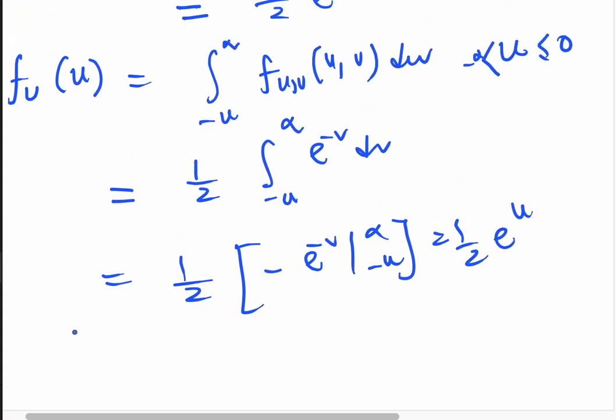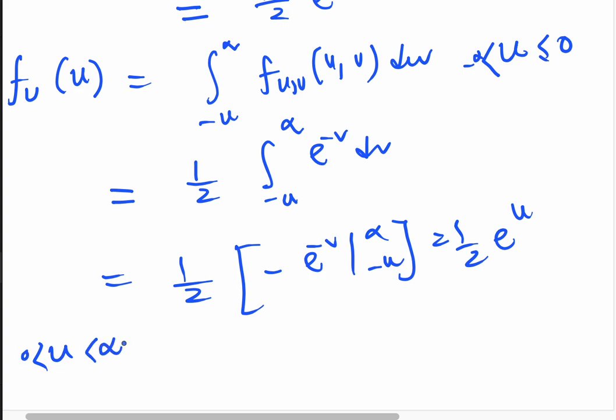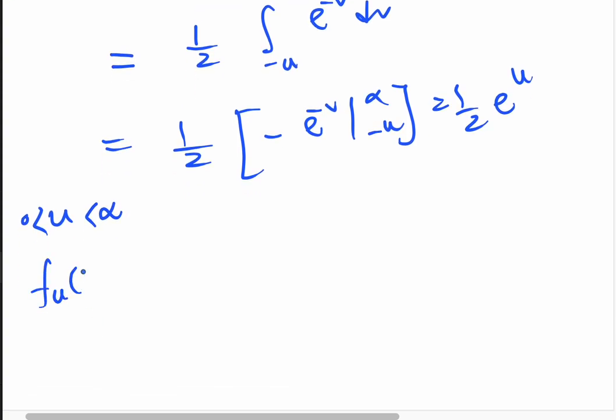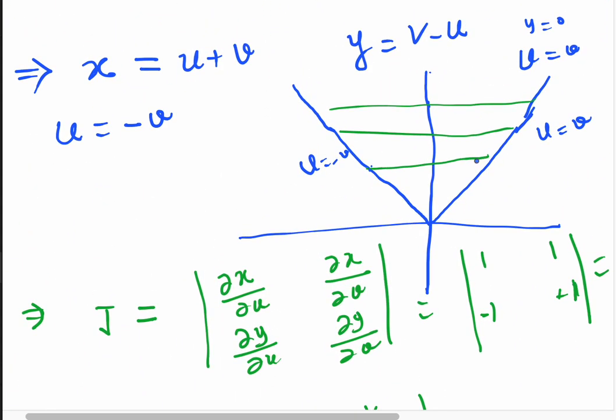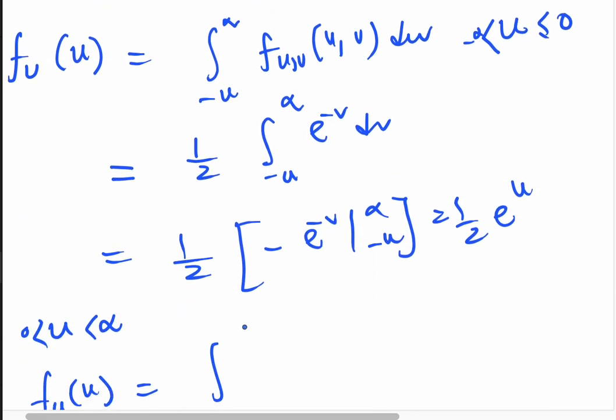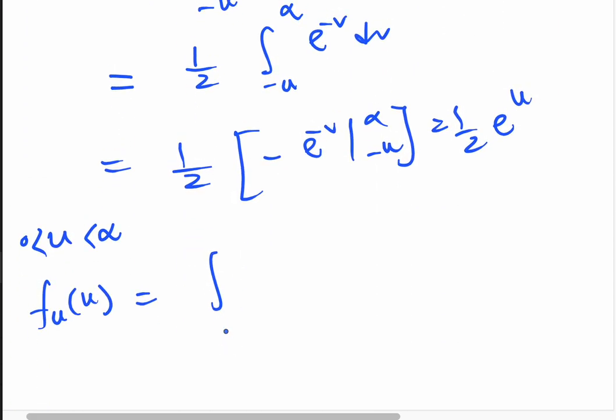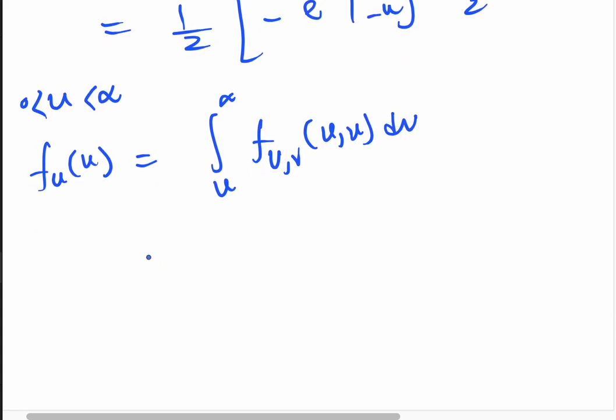And in the region where u is greater than 0 and less than infinity, v starts from u to infinity. So the integral from u to infinity of f uv dv.